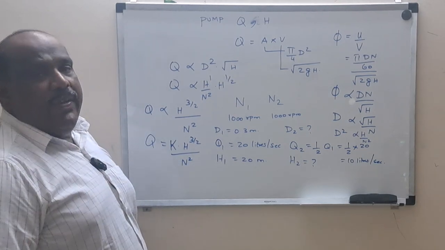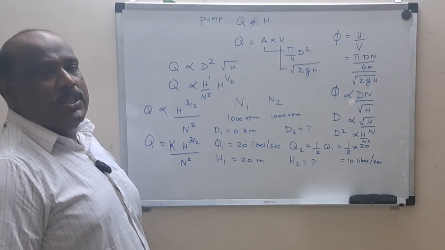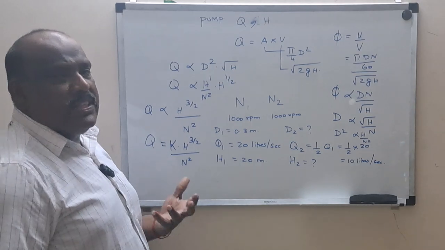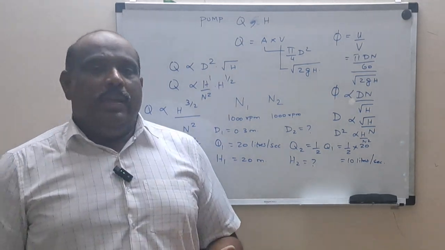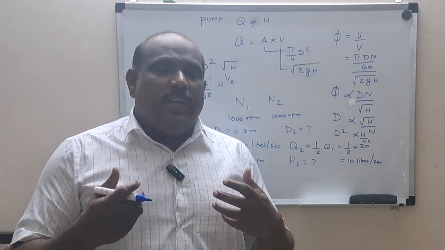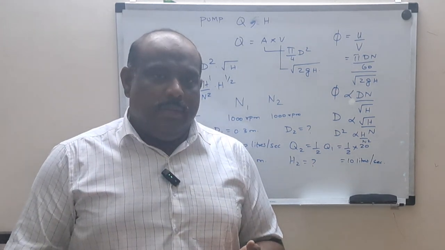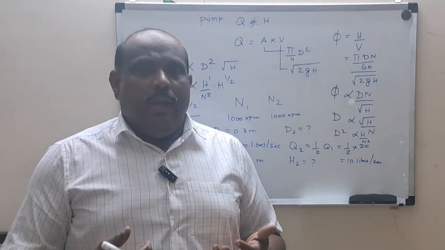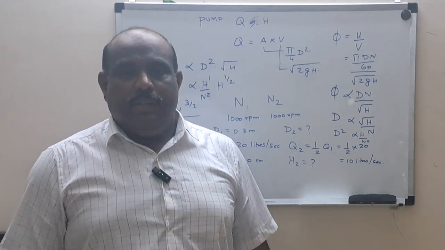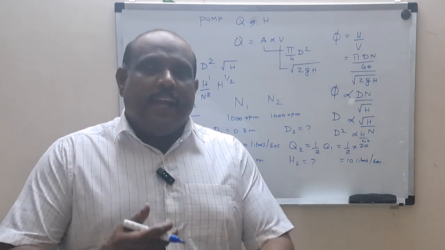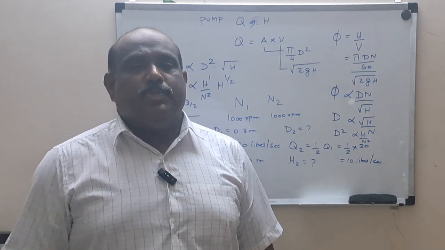Now we can define the meaning of the specific speed of a pump. What is called the specific speed of the pump? The pump should be able to deliver 1 meter cube per second of water or any liquid through a height of 1 meter. Then the speed at which the shaft will rotate is called the specific speed of the pump.